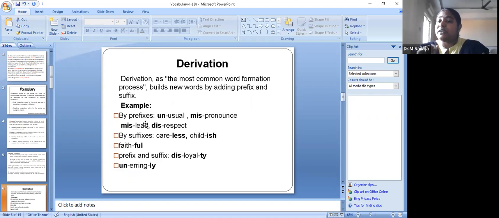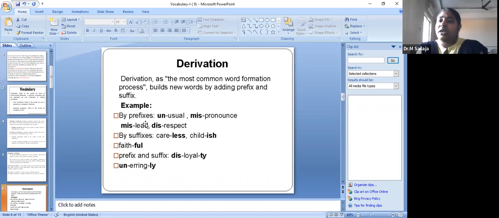Child is a person. Childish is a kind of human nature, a quality of children. Being childish means behaving like a child all the time. By adding ish, from child, a noun, it becomes an adjective.